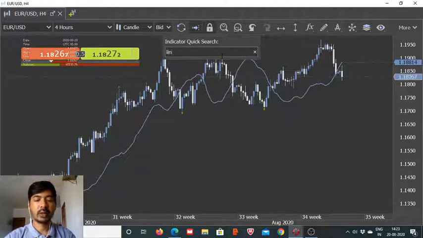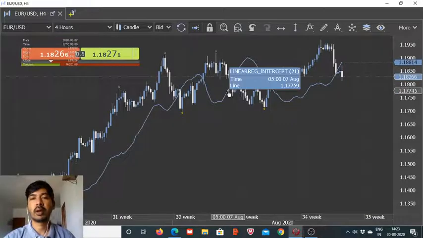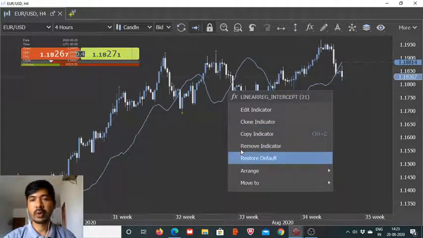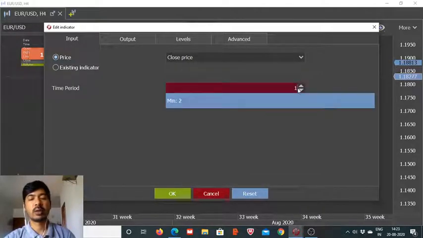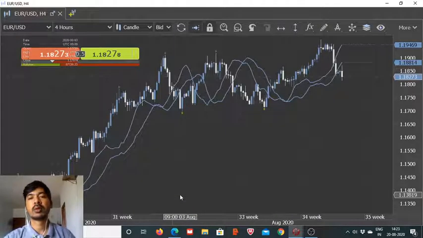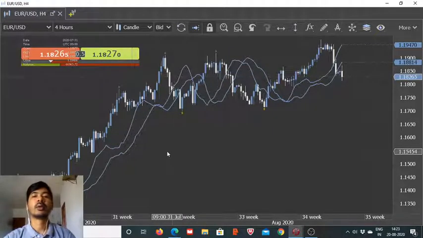So let us add one more, and here we have this. Say for example we change it to 14, then we have this structure taking shape.